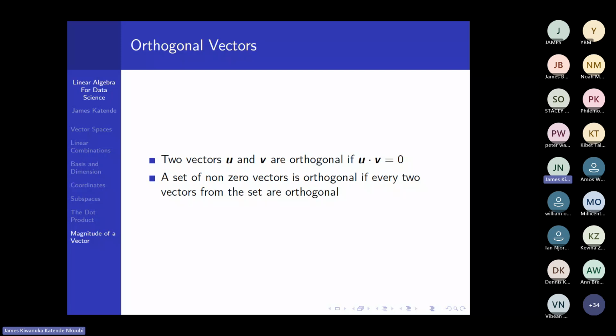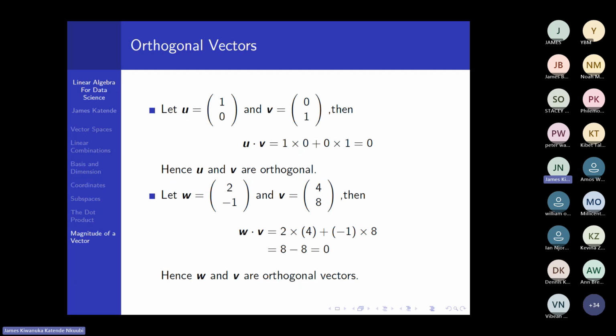So the next thing we discuss is that two vectors are said to be orthogonal if their dot product is 0. If you have a set of several vectors, we say the set is orthogonal if every pair of vectors from the set turns out to be orthogonal. Here are some examples of orthogonal vectors. In R2, you can take these two vectors, 1, 0, and 0, 1.